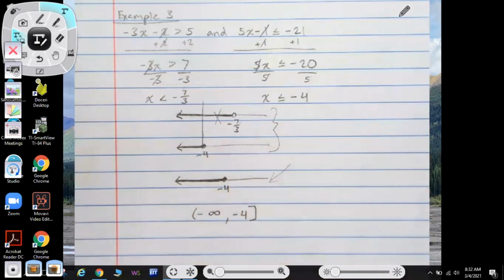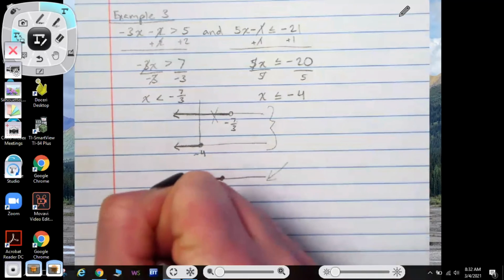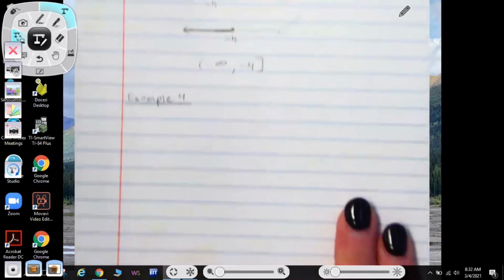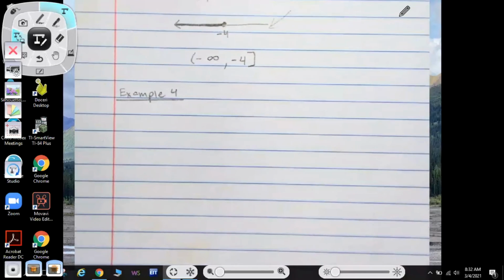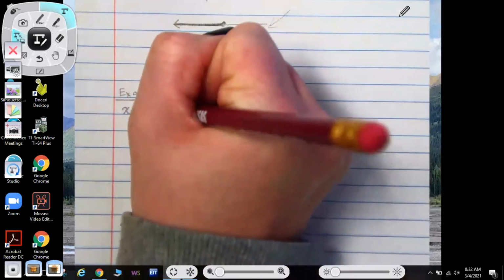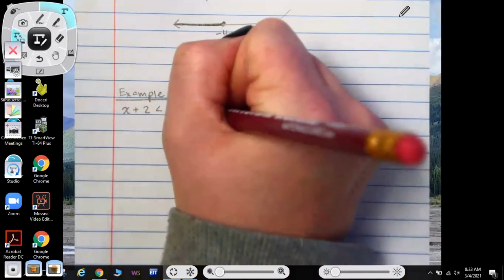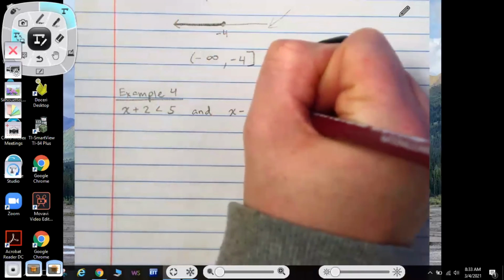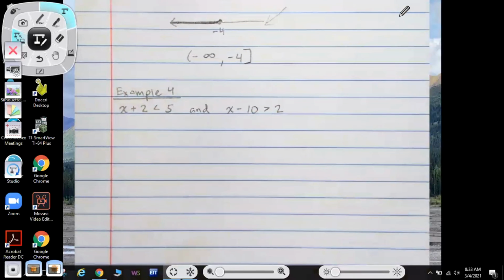Okay, we got one more example. This will be example 4. x plus 2 is less than 5, and x minus 10 is greater than 2.